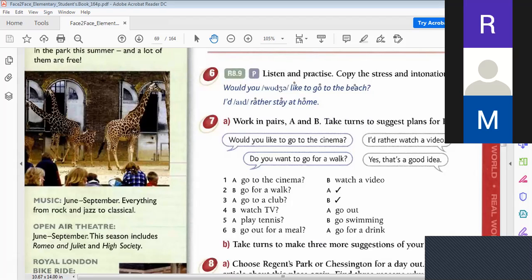Do you want to go to Regent's Park? Sounds boring. I'd rather stay at home. It isn't boring. You can go on bike rides, go to concerts, and there's a really good open-air theatre there. So where would you like to go? I want to go to Chessington. Oh, I don't think so. It's a long way. But my friends went there last week.